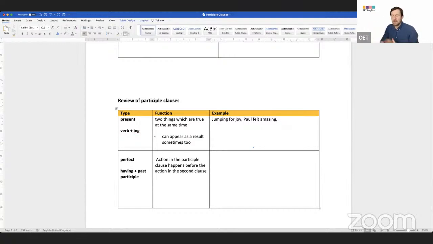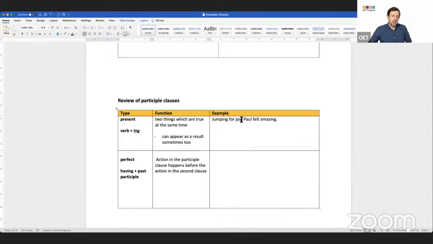So we know two things about Paul, don't we? Two things that were happening to Paul. Those things are Paul felt amazing and Paul was jumping for joy. What I'm basically telling you is that those things happened at the same time.